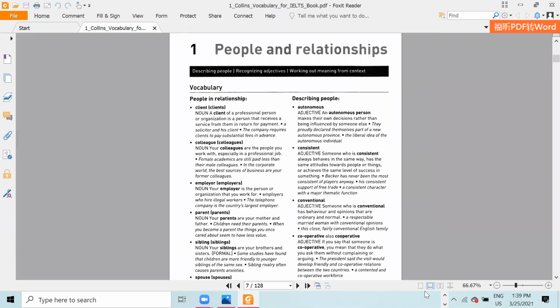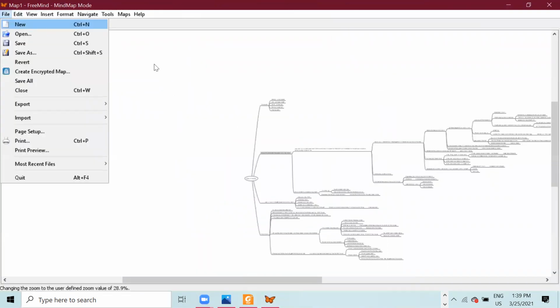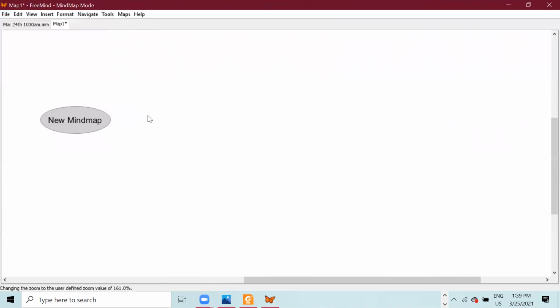The first one, I need to check your memories in English. Let's say, share with me the difference between client and customer. I have the word client, the word customer, one more word, guest, and the last one, visitor.